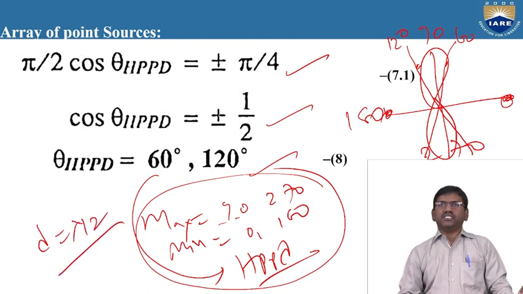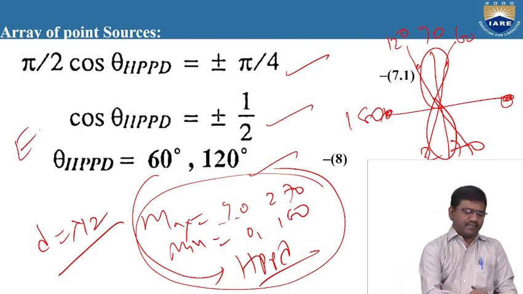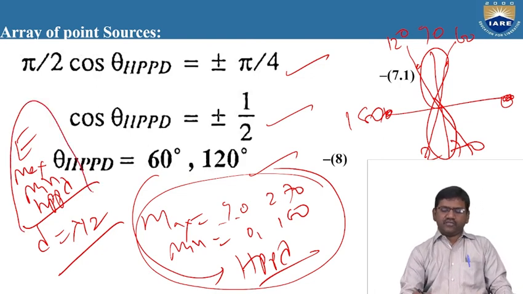In order to draw the radiation pattern, we need to determine the total electric field strength produced by the antenna array. From that equation E, you need to determine the maximum radiation pattern, the minimum radiation pattern and also the half power point distribution. So after finding these through mathematical analysis, we determine E, the maximum, the minimum, and the half power point radiation. Based upon these, we draw the final radiation pattern.